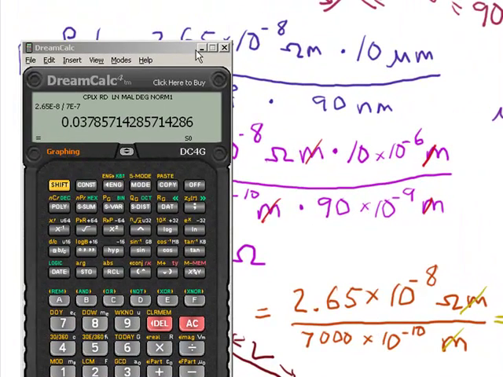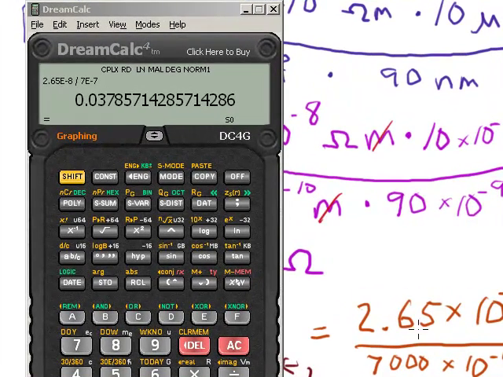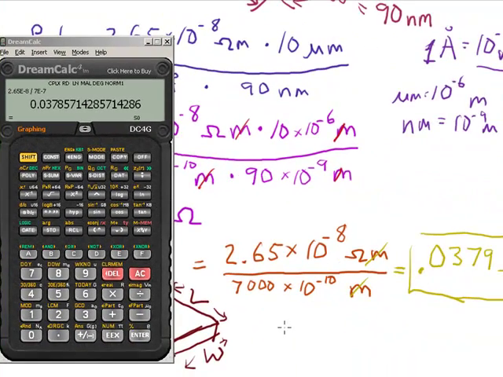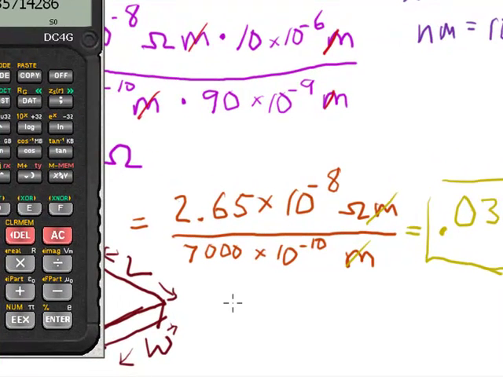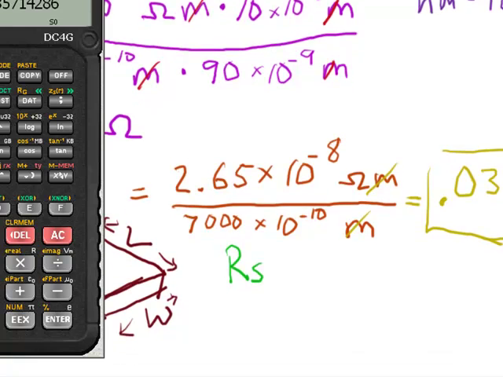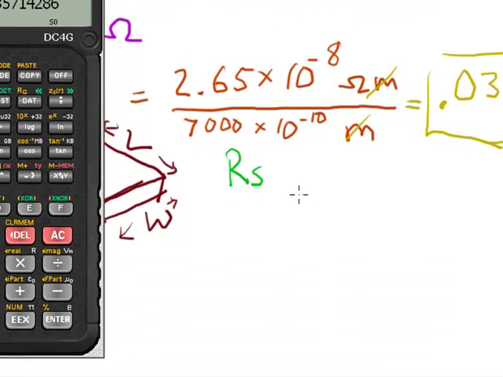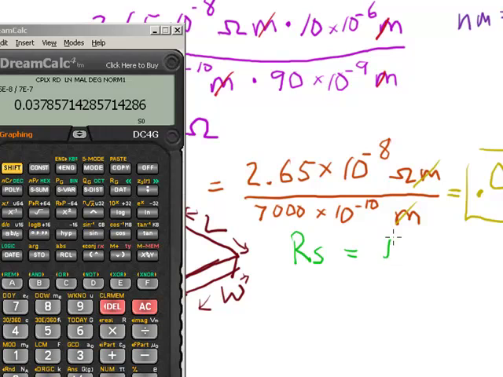Now there are two other things that you can do with this. One of them is, since it's quite easy to measure sheet resistivity in the lab, you can rearrange the formula to obtain the thickness. If I look at the formula for sheet resistance, it's equal to the bulk resistivity divided by the thickness.